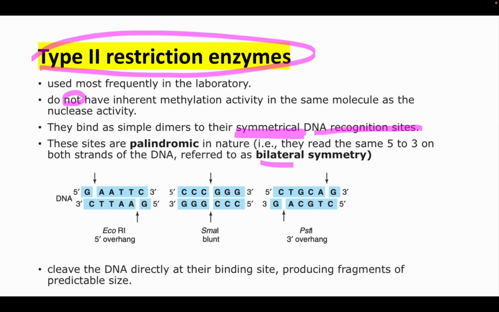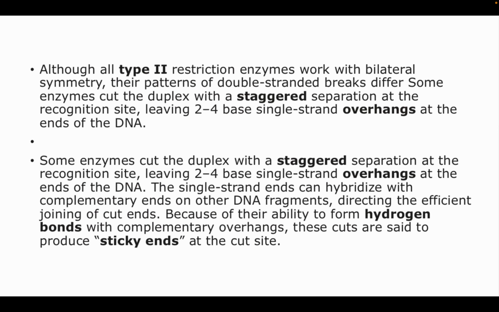So bilateral symmetry, just like EcoRI again, SmaI, and PstI also. Next one, class. This is the reason why type 2 restriction enzymes are commonly used in the laboratory, because they normally have bilateral symmetry.